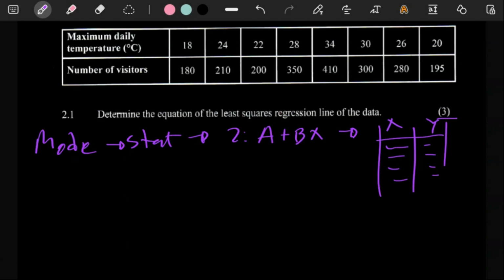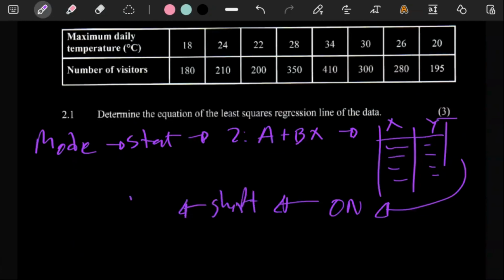All you have to do is press the on button. Don't forget to press on, because I do get questions a lot where people say it's not working, and I ask them, did you press the on button first? And they're like, nope. So after you press on, you press shift, then the number 1 button, and then the number 5 button, which says reg.